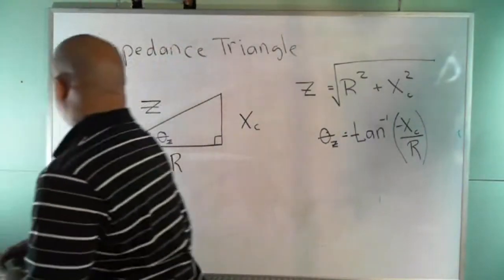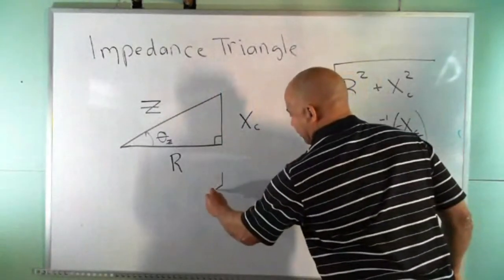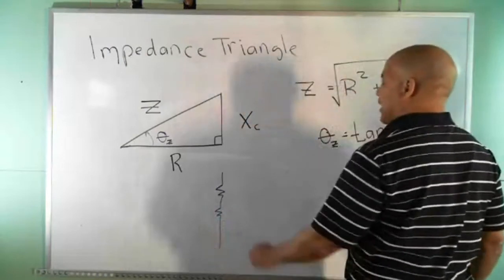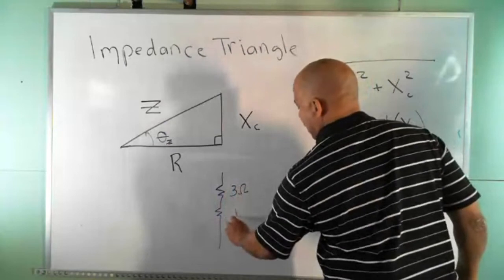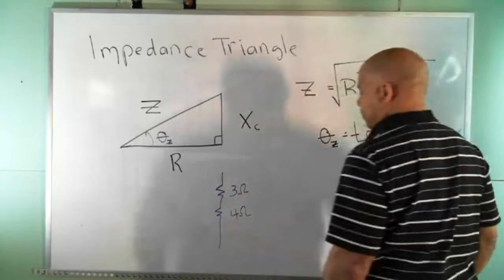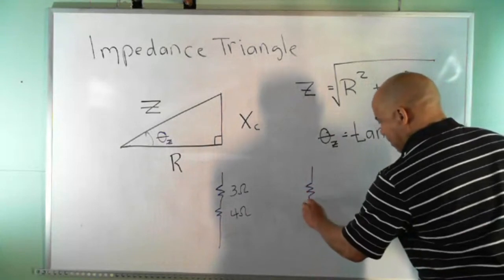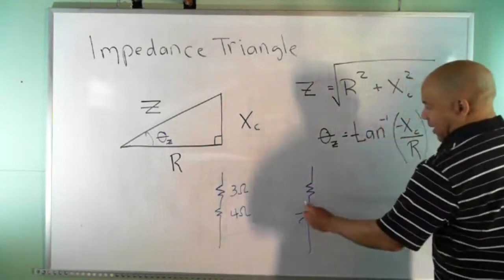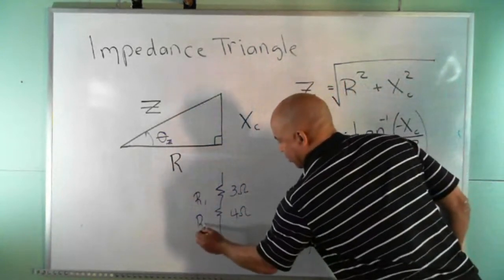So remember I had the series circuit? If I had a series circuit like this, let's say that this is 3 ohms, and that's 4 ohms. And then I have the same circuit over here, but this time this is R1, and this is R2.